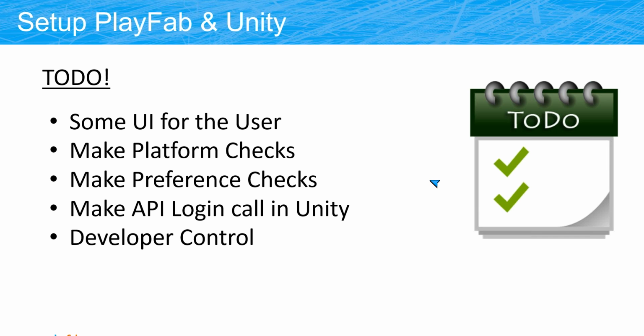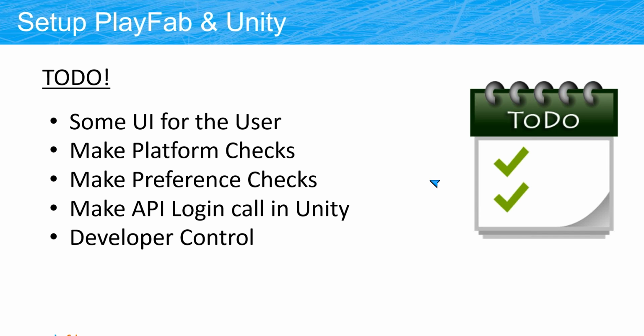The next to-do item is to make preference checks. This bleeds into best practice a little bit, because you don't always want to make that initial call to the server and ask, is my player already registered? Sometimes you can handle that with just setting a simple preference inside of Unity. I'm talking about player prefs, or however you store your player data.